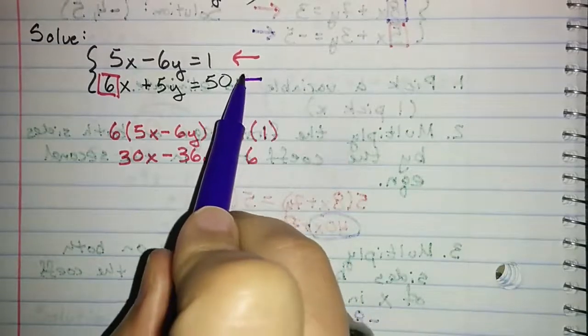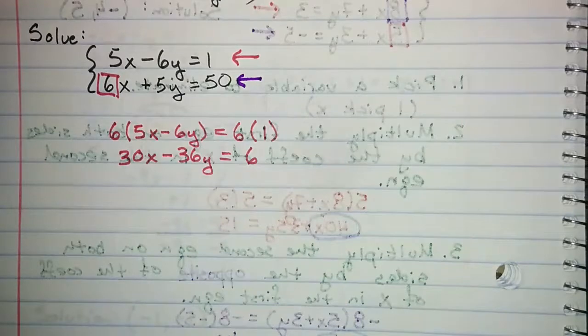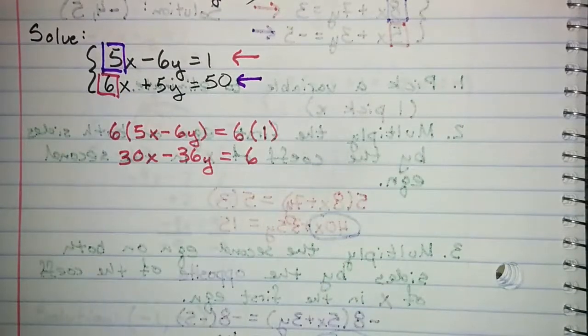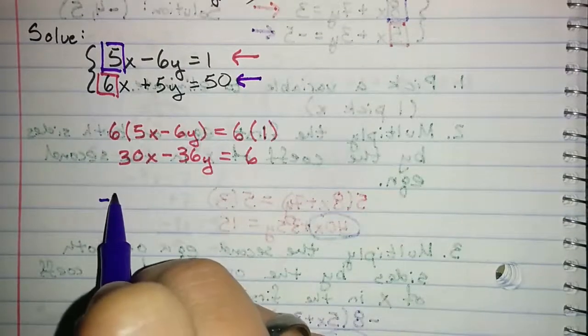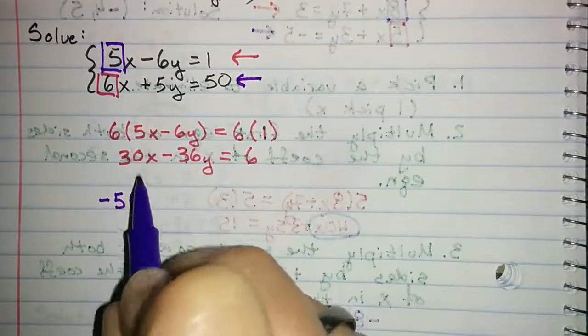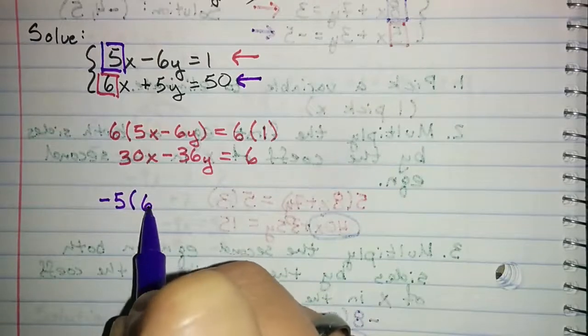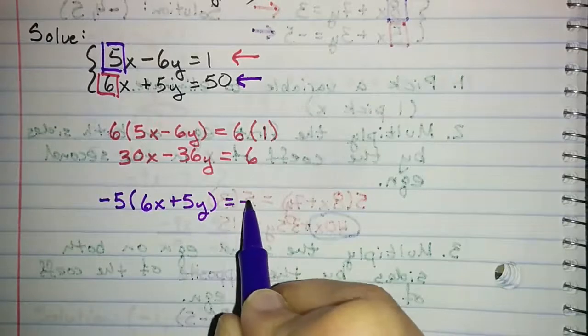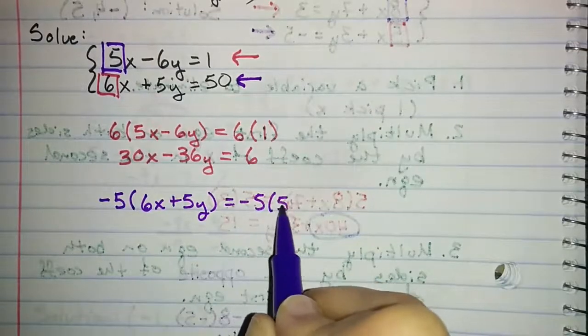Now we're going to multiply the second equation on both sides, not by 5, but by the opposite of 5, by negative 5. So we'll have negative 5 times 6x plus 5y equals negative 5 times 50.